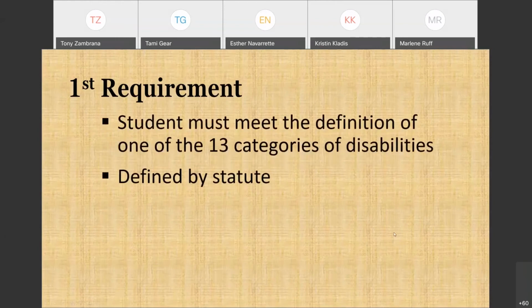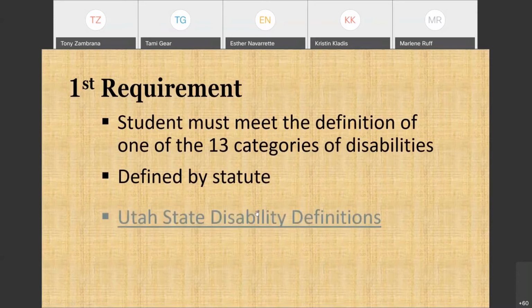The student must meet the definition of one of the 13 categories of disabilities. If you have a disability that is not one of those 13 categories, it wouldn't count. However, under those 13 categories, we do have other health impaired. So things that aren't specifically listed often can be caught under other health impaired.